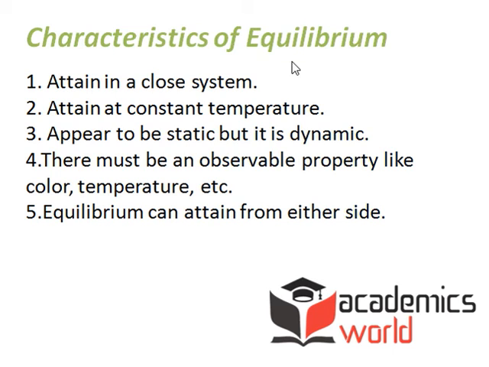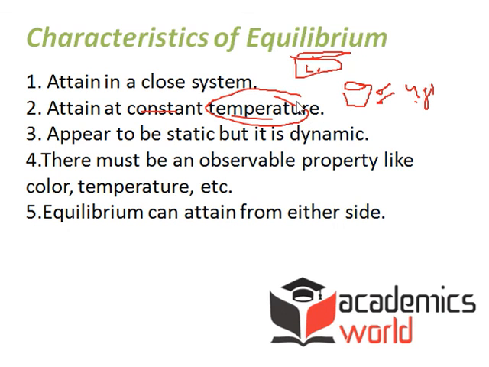I have given you an example: suppose this is a jar and a plate is closing it, with water molecules, etc. Second, it is attained at constant temperature. I also gave an example of it. Suppose sugar is dissolving, but the fourth spoon does not. If you heat, then the sugar also gets dissolved, because temperature is one of the main factors that affect the equilibrium state.